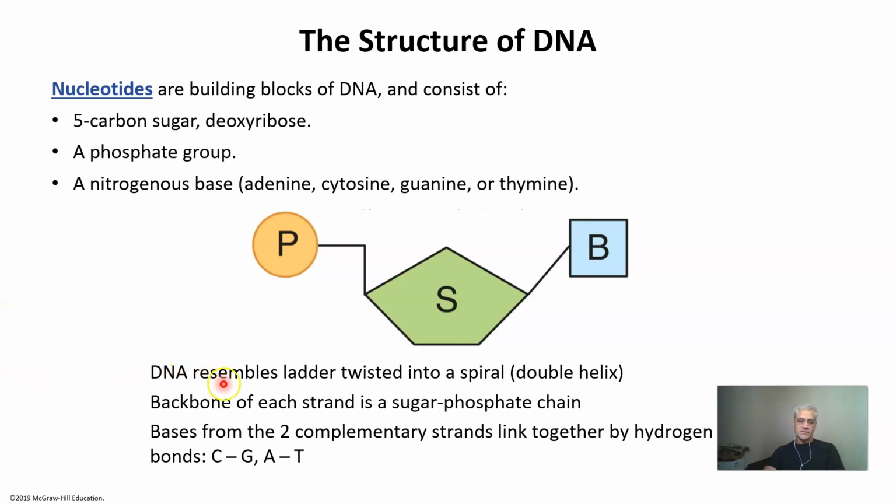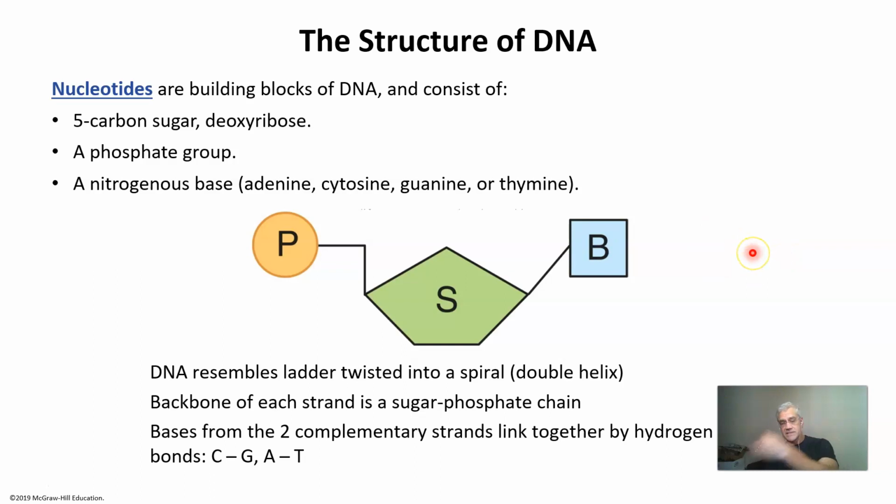All right, I already told you DNA resembles a twisted ladder. Take that thing and spiral it around, and you've got a coiled ladder. I've already told you that this base will form a pair with another base over here. We're going to see that in a second, you're going to see the pictures.